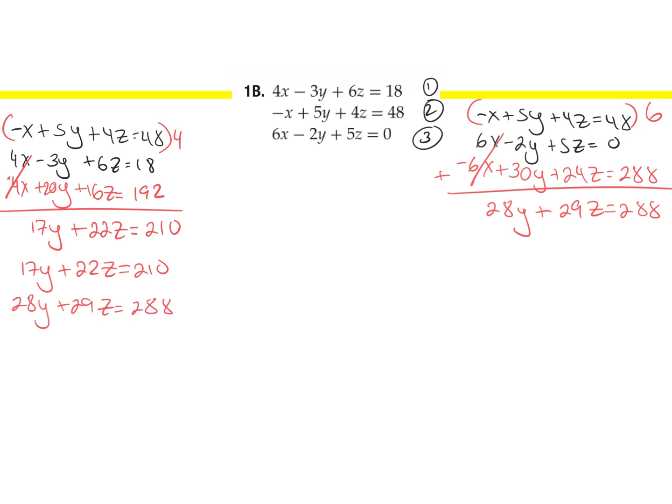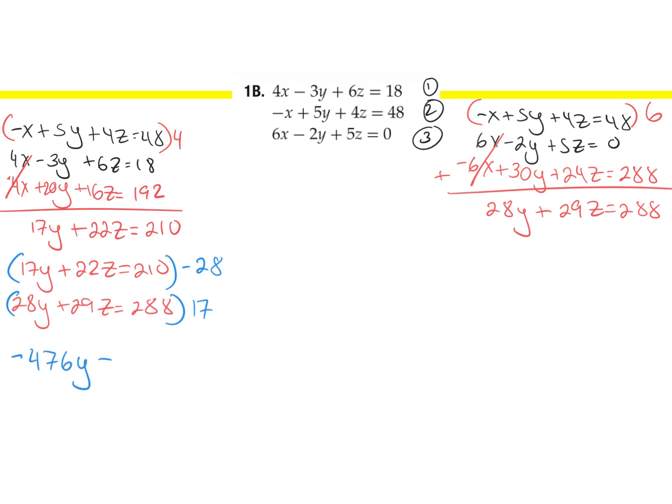Now there's no real number I can multiply just one by in order to get rid of the other. So what I'm going to do is multiply this equation by negative 28, and I'm going to multiply this one by 17. So 17 times negative 28 is going to be negative 476y.